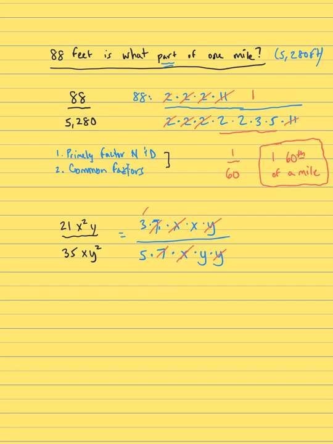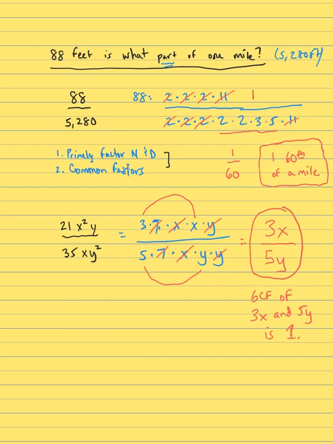What's left? 3 times x, so 3x. What's left down in the denominator? 5y. So this is that fraction, 21x squared y over 35xy squared, in simplest form. Why is it in simplest form? Because the GCF of 3x and 5y is 1. There's nothing more that can be done.